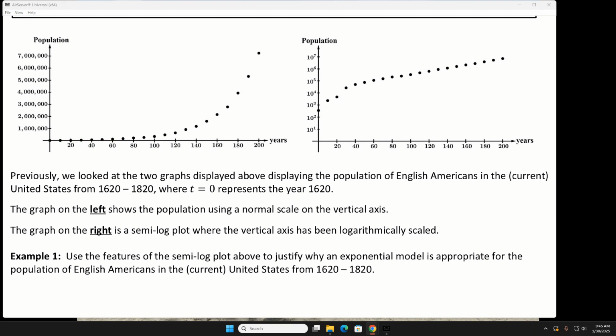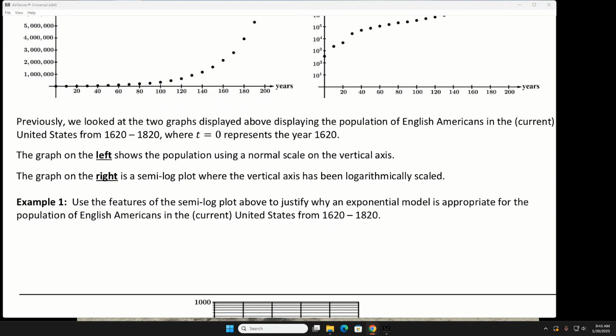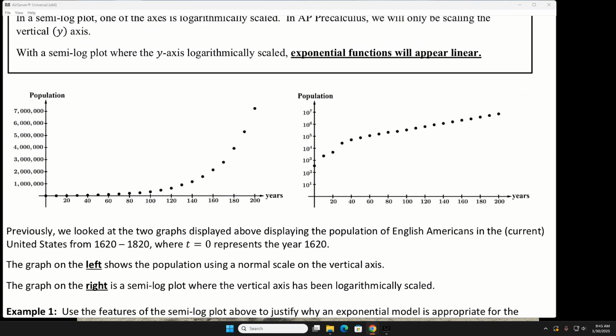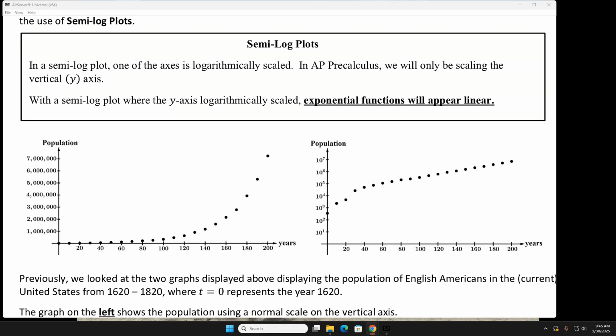So this is just another representation of the same values. And one thing to keep in mind that is important is this statement right here. So with a semi-log plot where the y-axis is logarithmically scaled, exponential functions will appear linear.